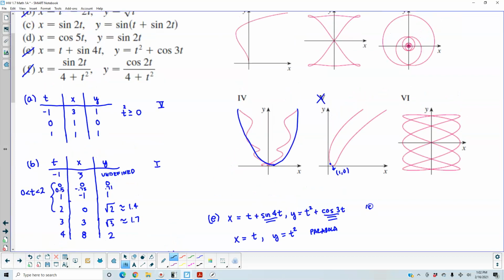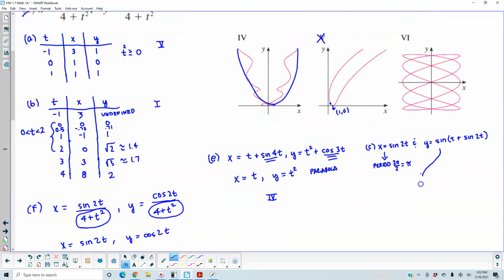So now let's look at C. For C, we have the parametric equations where x is equal to the sine of 2t and y is equal to the sine of t plus the sine of 2t. So for the first one, we can see that the period for x is going to be 2 pi divided by 2, which is equal to pi.